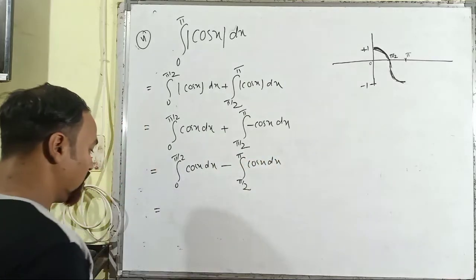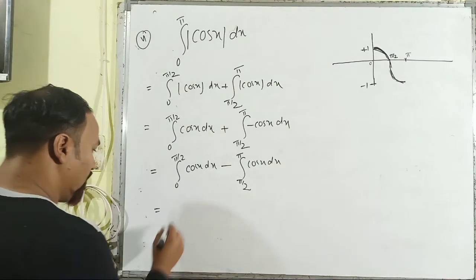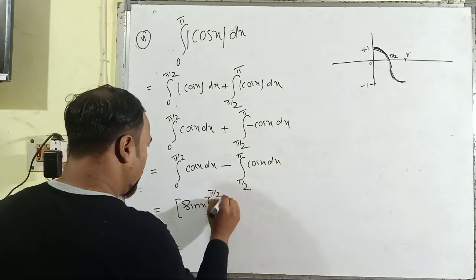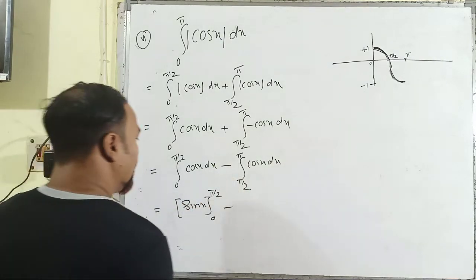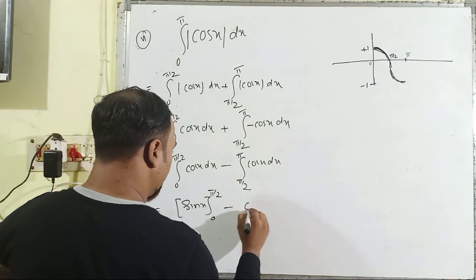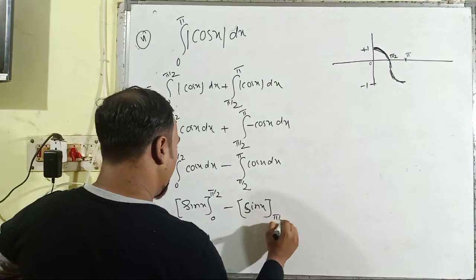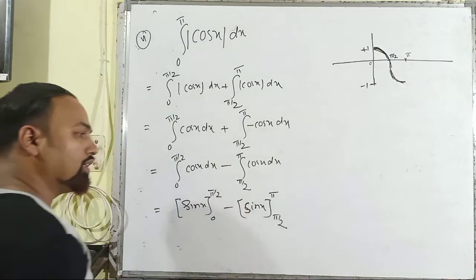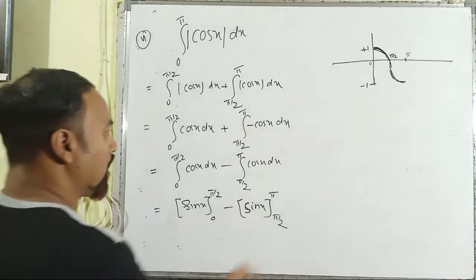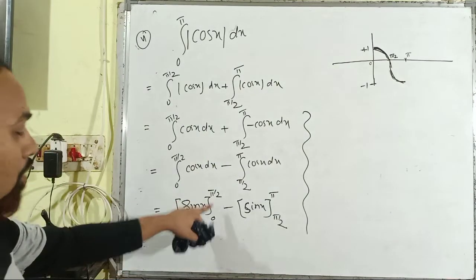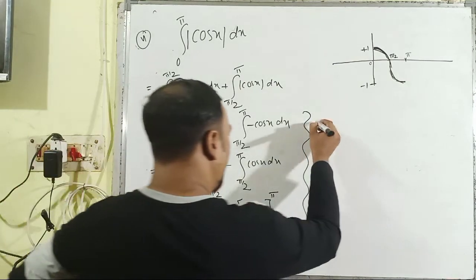And you know that the integral of cos x is sin x, from 0 to pi by 2. Then minus the integral of cos x, again sin x, from pi by 2 to pi. Then you have to put in your values, first for the upper limit, then the lower limit.